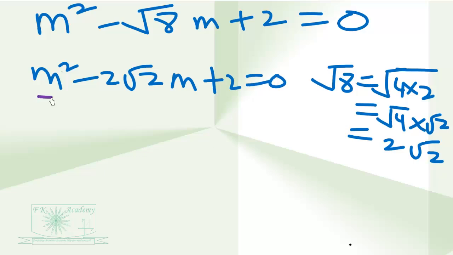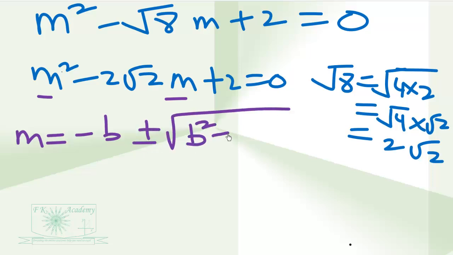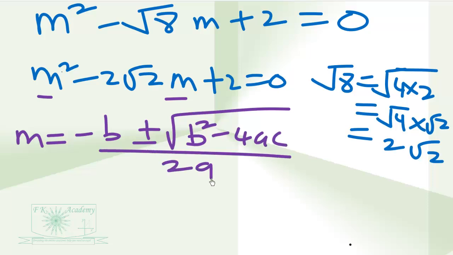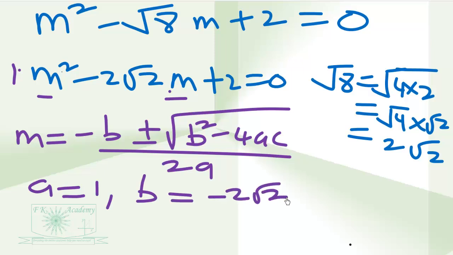We can solve for m. This is a quadratic equation in m. So m is given by negative b plus or minus square root of b squared minus 4ac all over 2a. Where a is the coefficient of the square term, the quadratic term, which is 1, and b is the coefficient of m, which is negative 2 square root of 2, then c is equal to 2.